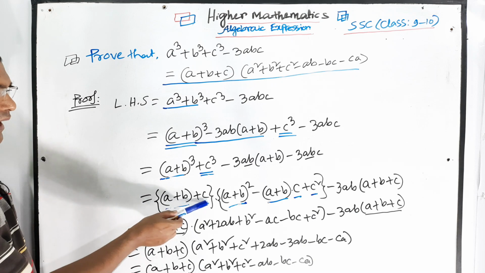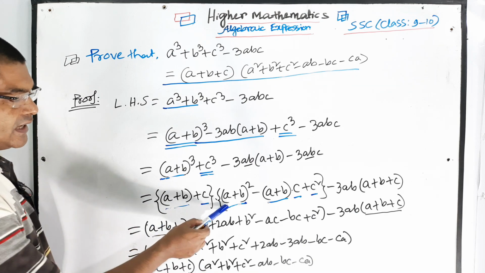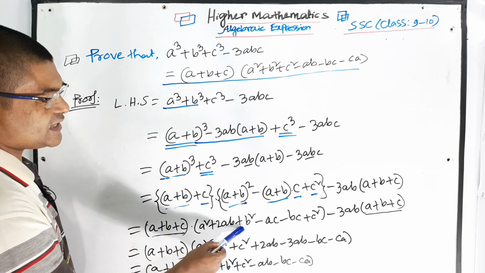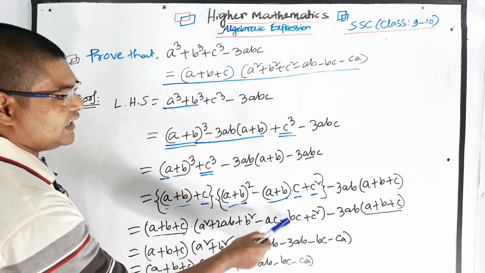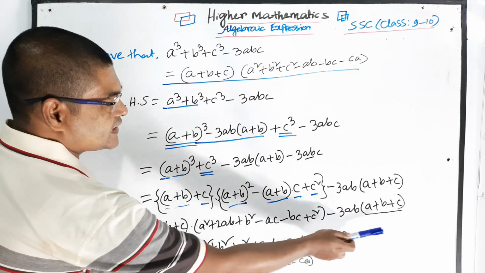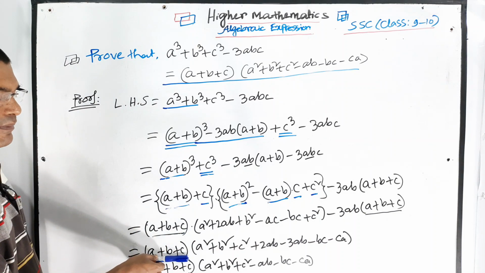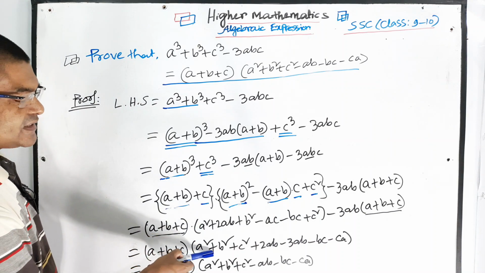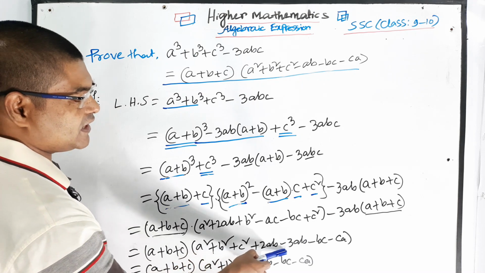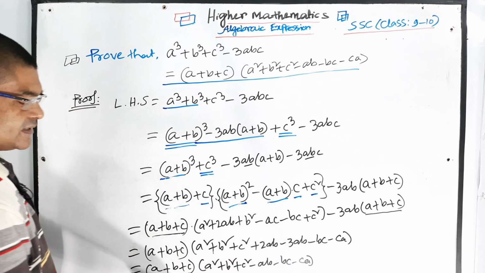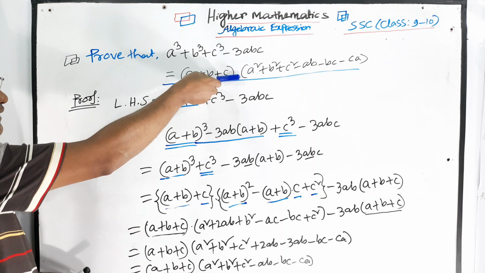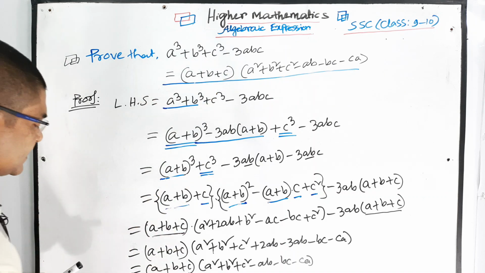Now we draw the bracket: a plus b whole square, a square twice ab plus b square, ac, bc, c square. Take common a plus b plus c, we get a square, b square, c square, minus ab, minus bc, minus ca. So this is right hand side.